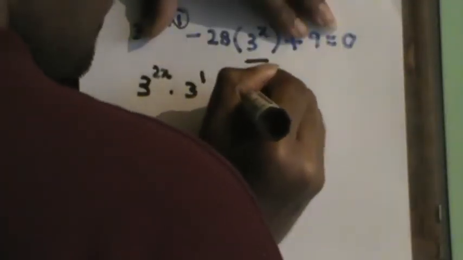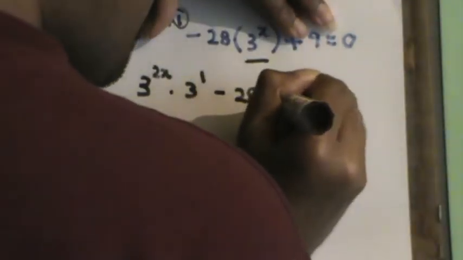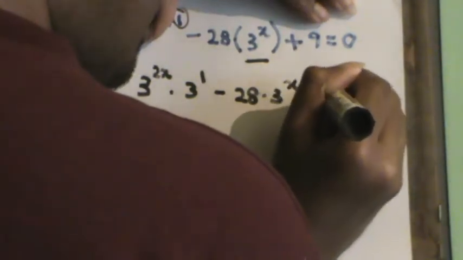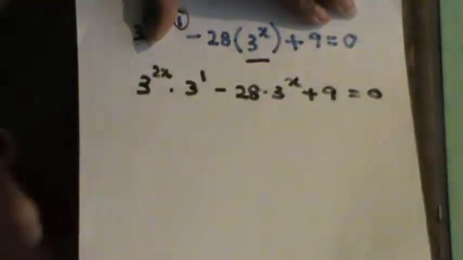We are given this one. I can write 3 to the power 2x plus 1 as 3 to the power 2x times 3 to the power 1, because you know that when you are multiplying with the same base, you add up the indices or the powers. Minus 28 times 3 to the power x plus 9 is equal to 0.